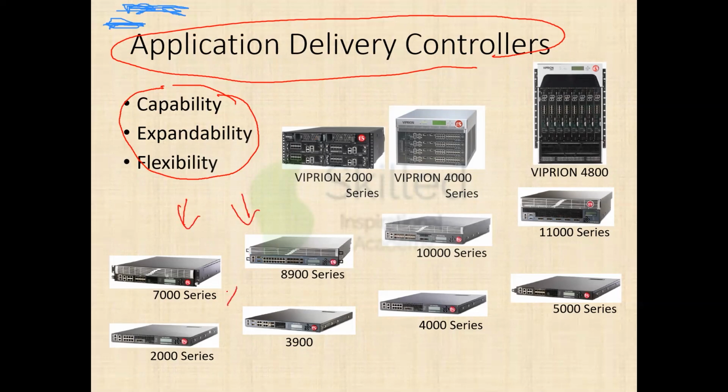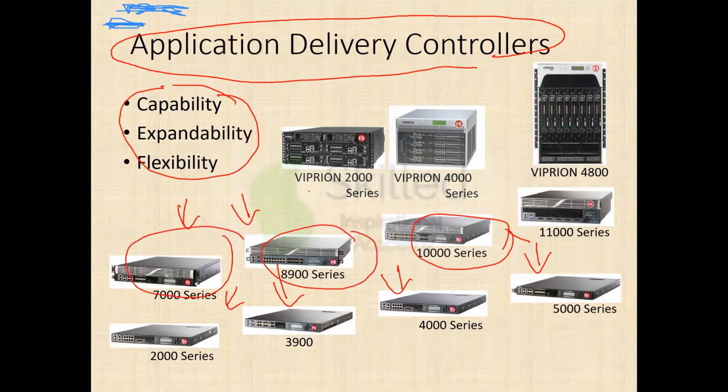So we have 2000 series, 3000 series, 4000 series, 5000, and we have higher capacity models depending on your throughput and SSL sessions. You can go to F5 and search for the F5 datasheet, where you will get different models and topics, like what the sessions and the architecture are.